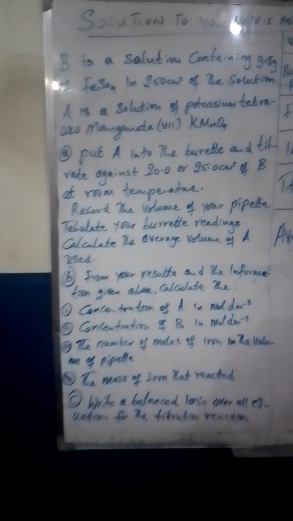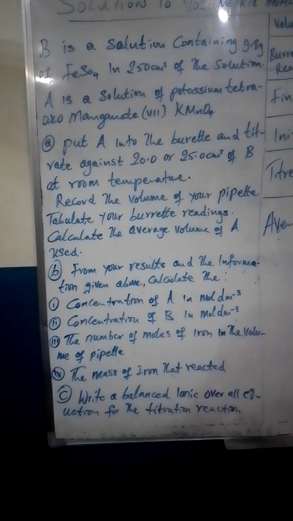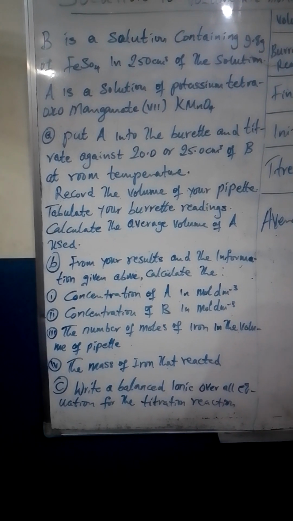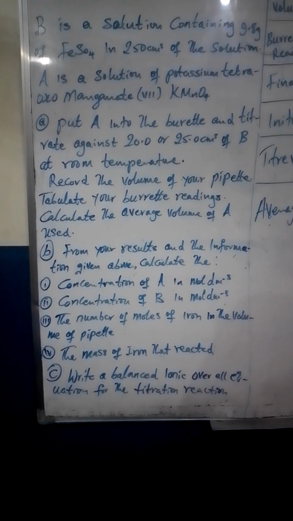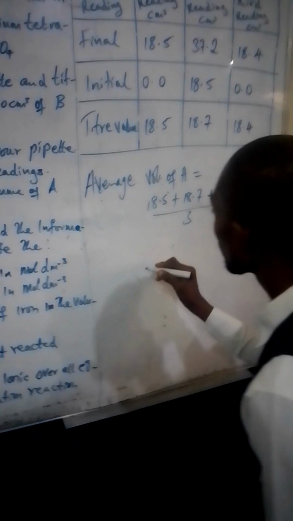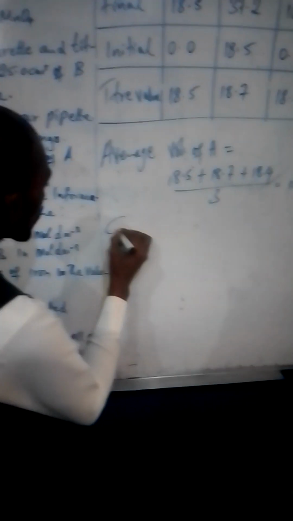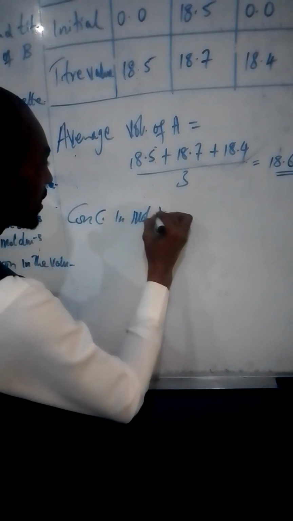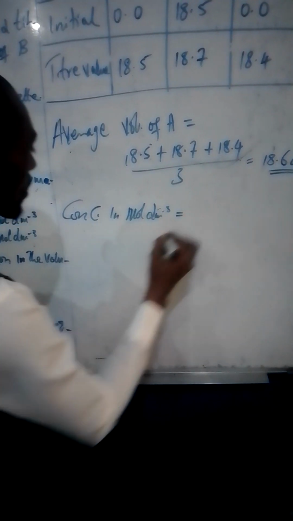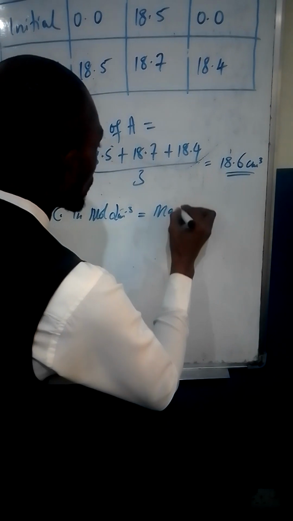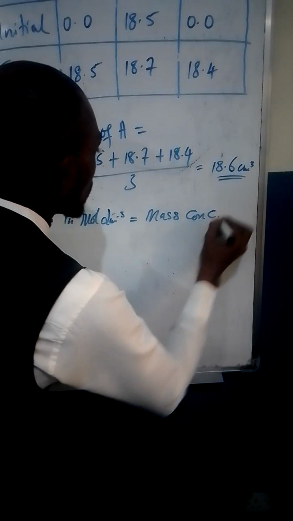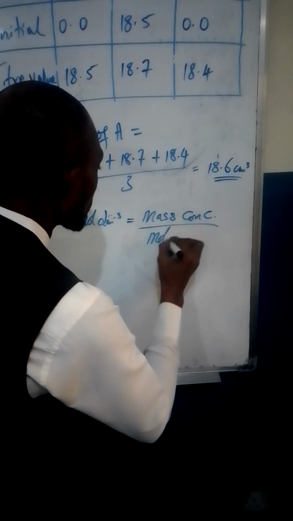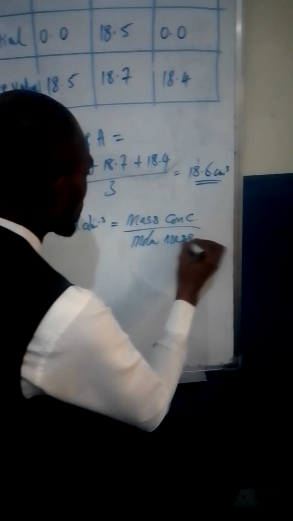It says, from your result and the information given above, calculate the concentration of A in mole per dm cube. Don't forget that concentration in mole per dm cube is equal to mass concentration over molar mass.